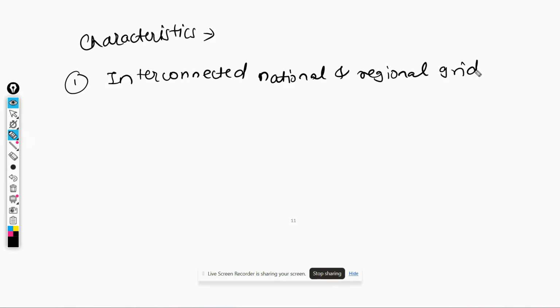So instead of isolated power stations, entire regions were connected.